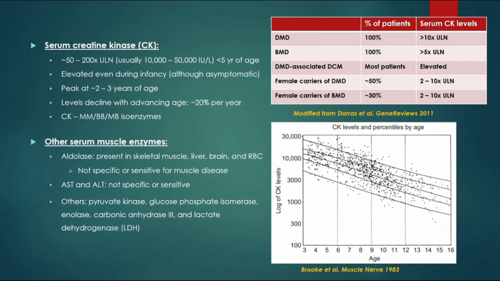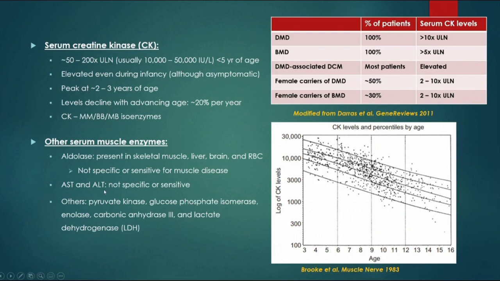So the MB isoenzyme can also be elevated even if there is no cardiac involvement. So we should keep that in mind as well. Other muscle enzymes can also be elevated, like aldolase, AST, ALT, and multiple other enzymes, including LDH, but they are neither specific nor sensitive, so they are not helpful in diagnosis.